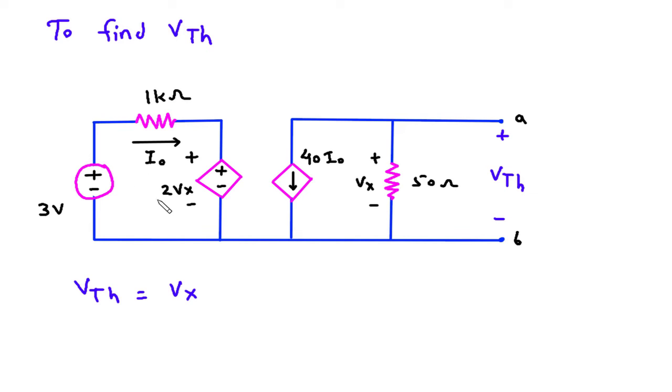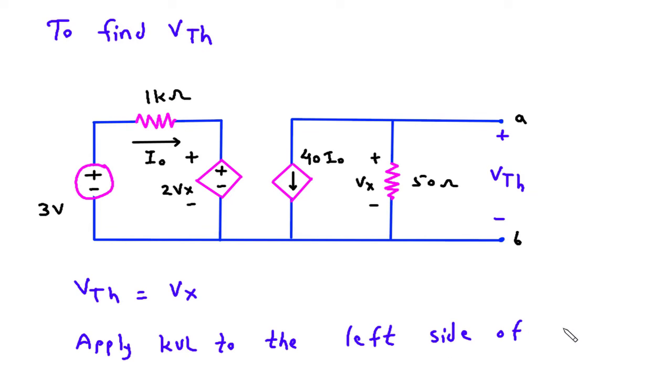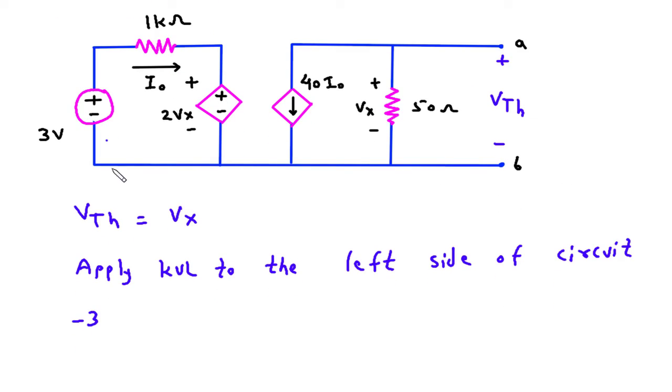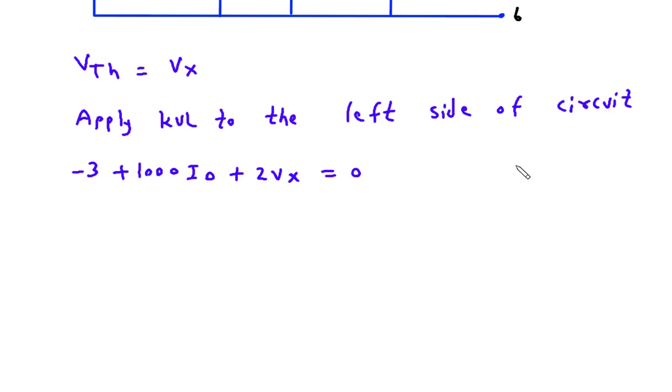Now we will apply KVL to the left side of the circuit. We start from here: minus 3, this will be positive, this will be negative, plus 1000 IO, then plus 2Vx, is equal to 0. Let's say this is equation number 1.